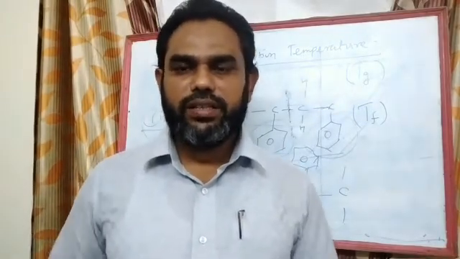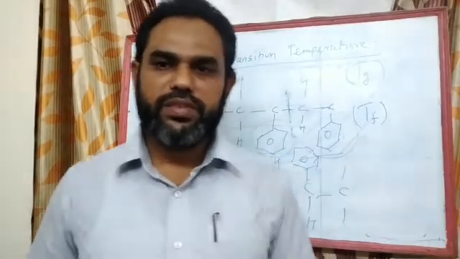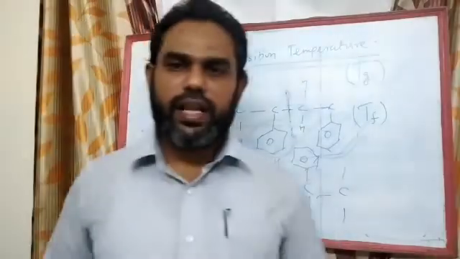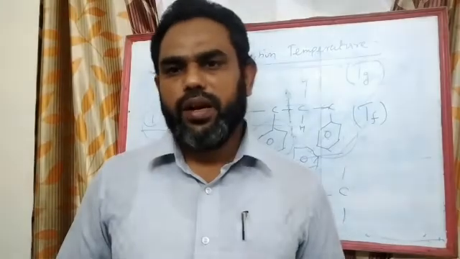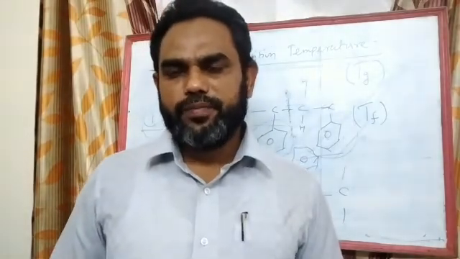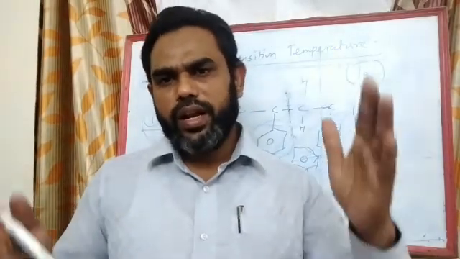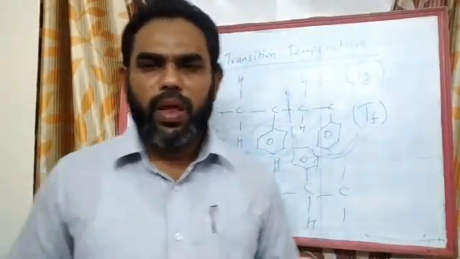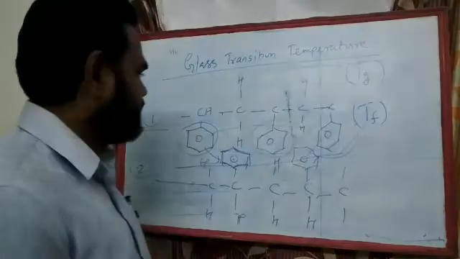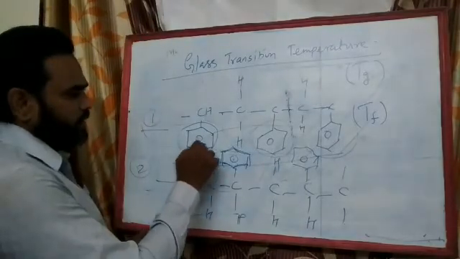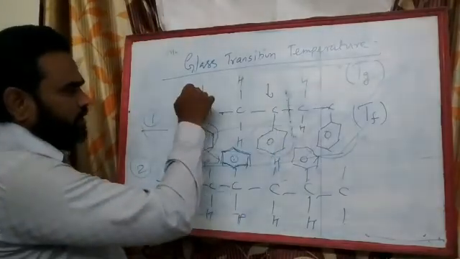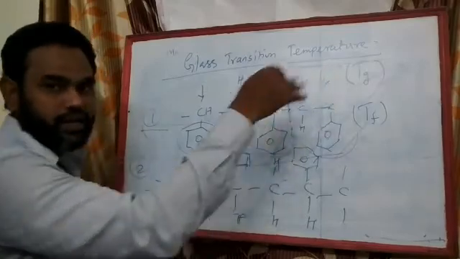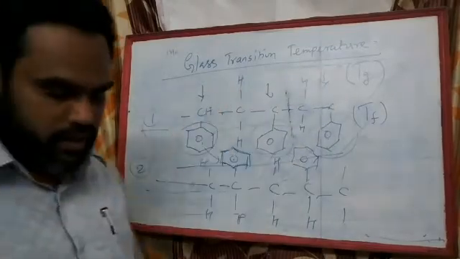There are three types of stereospecific polymer: isotactic polymer, syndiotactic polymer, or atactic polymer. If the bulkier groups are oriented on the same side, then it is called an isotactic polymer. So this is an isotactic polymer because the bulkier groups are all oriented downwards.